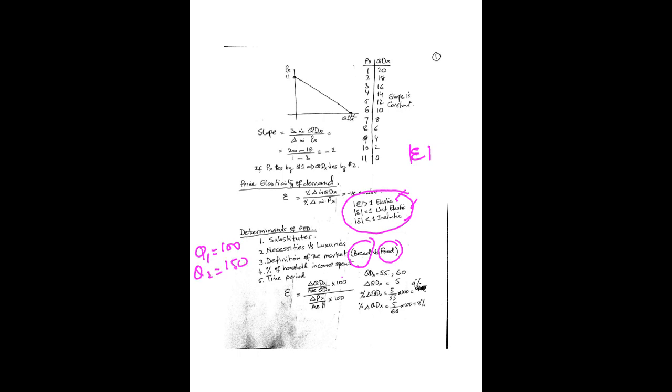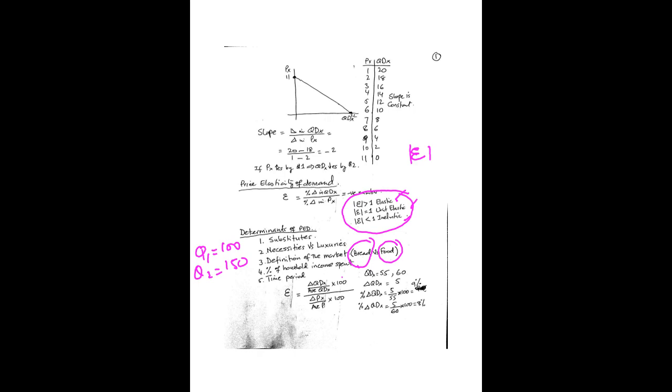I want to find out the percentage increase in quantity demanded. I know 50 units is the increase, so the output increases by 50 units. But in percentages, how do we calculate?